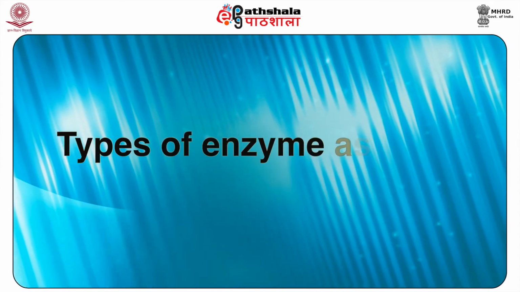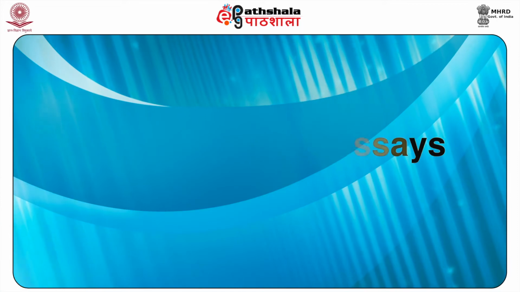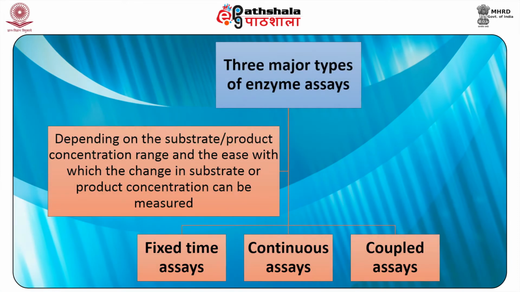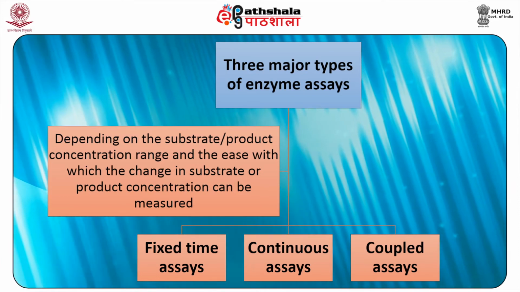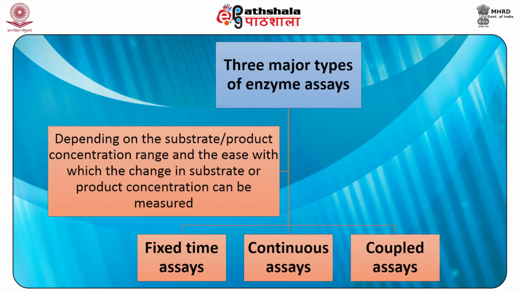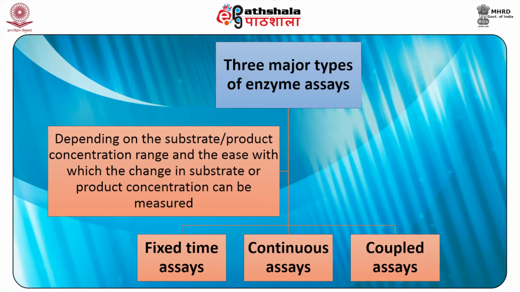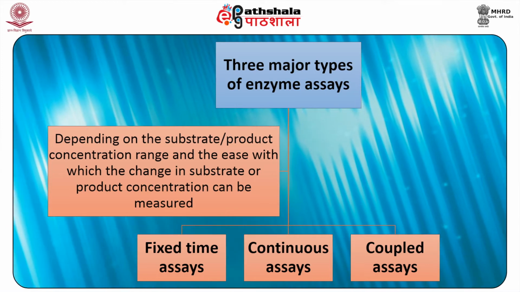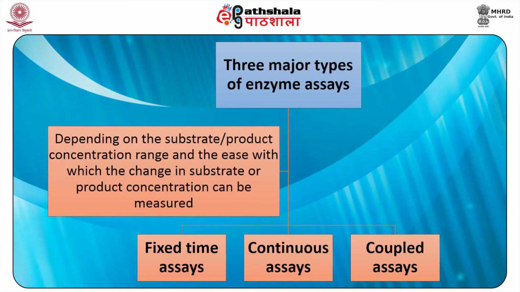Let us now consider the various types of enzyme assays. 3 major types of enzyme assays are there, depending on the substrate or product concentration range and the ease with which the change in substrate or product concentration can be measured.